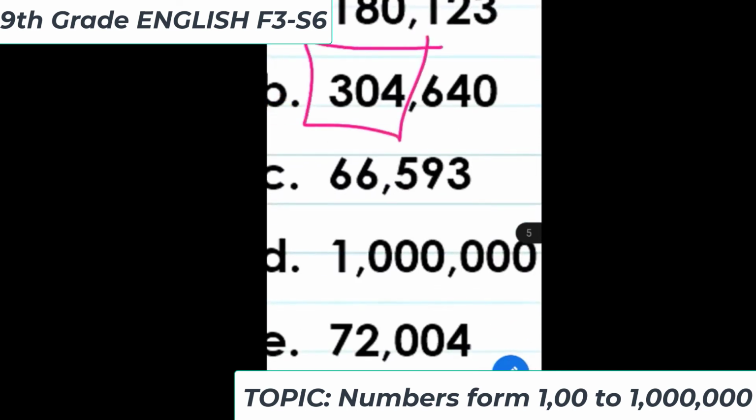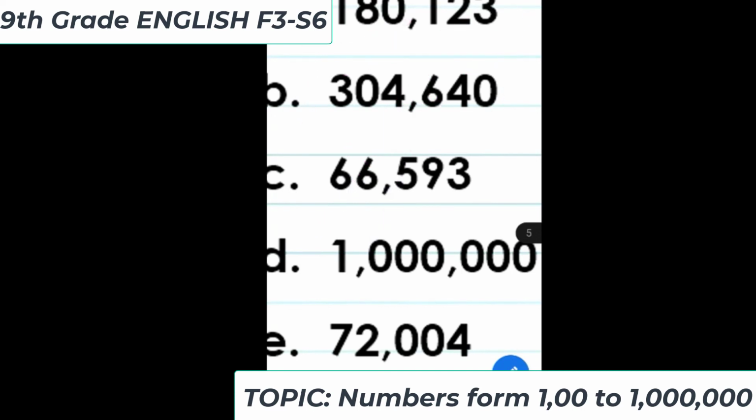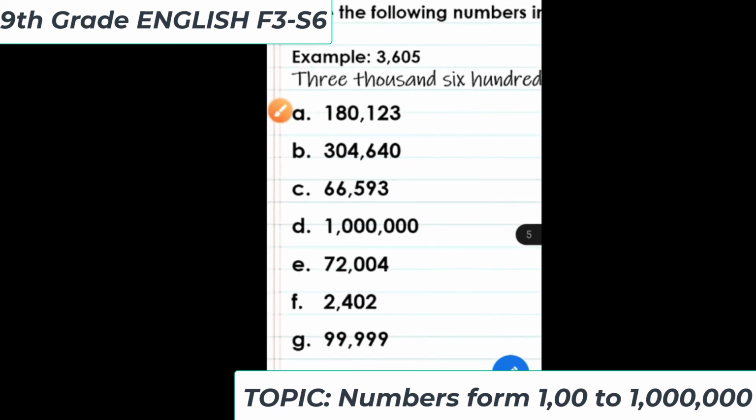How do you say 304 in English? 304. The comma indicates 1,000. Now you say this number, 640. How do you say the full thing in English? 304,640. Yes, and that's it. You write it in letters, en letras, as it is in the example. Okay?